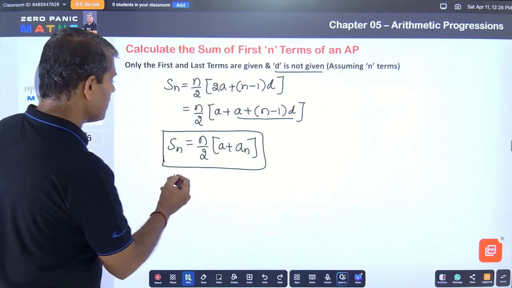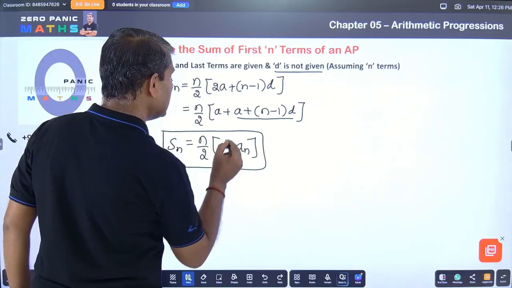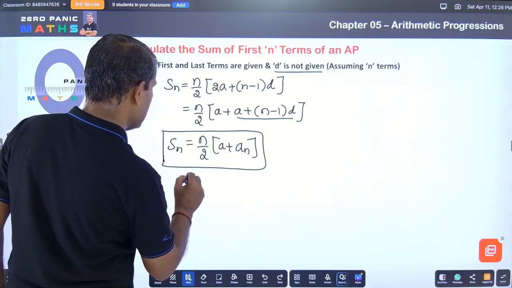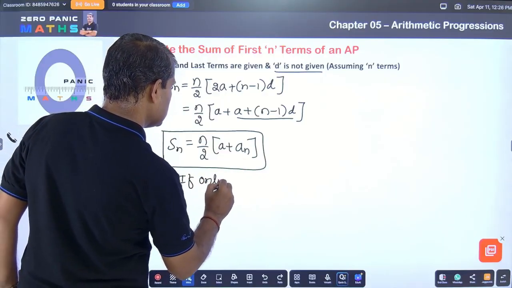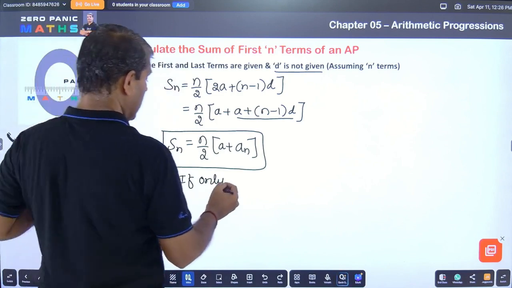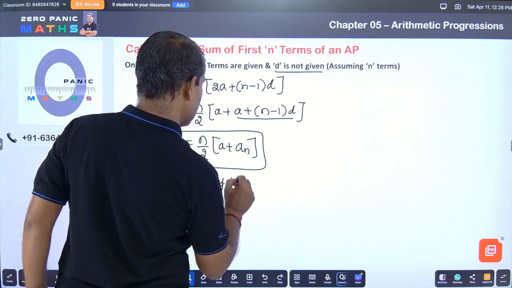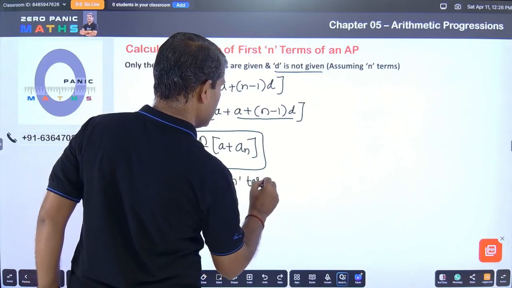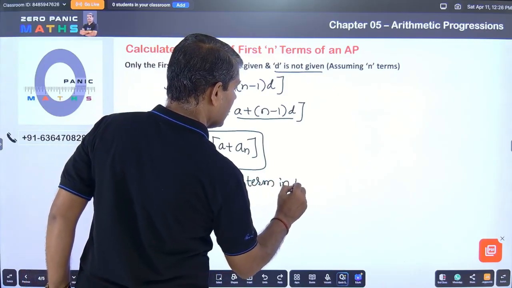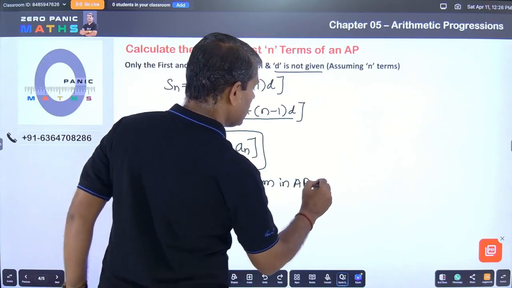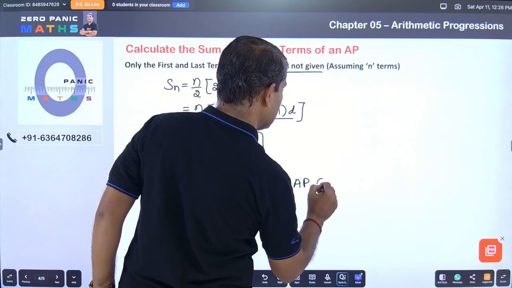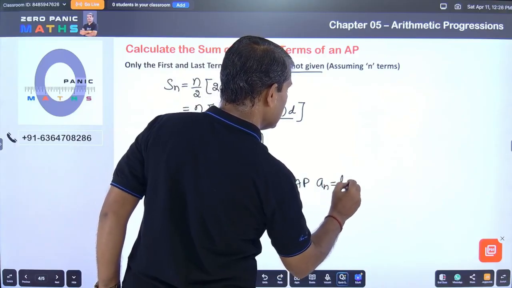If only n terms are there in the AP, you can modify this a little bit too. An is equal to L, the last term.